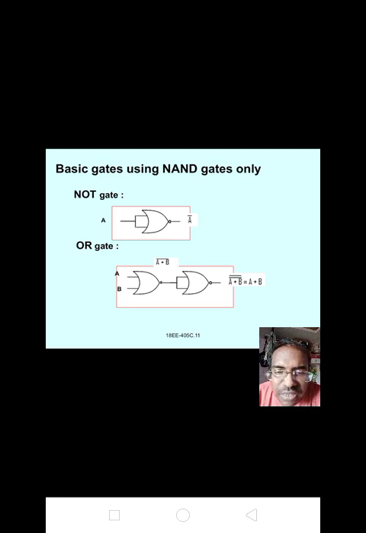For OR gate, we are taking two NOR gates. The first NOR gate is given two inputs A, B, and we get the output A plus B whole bar.